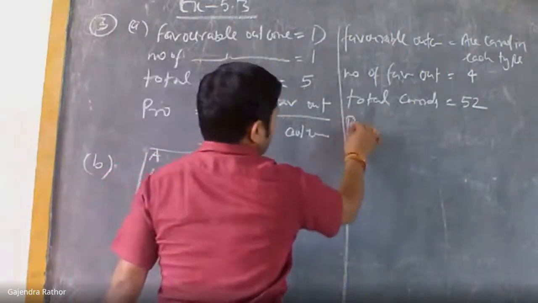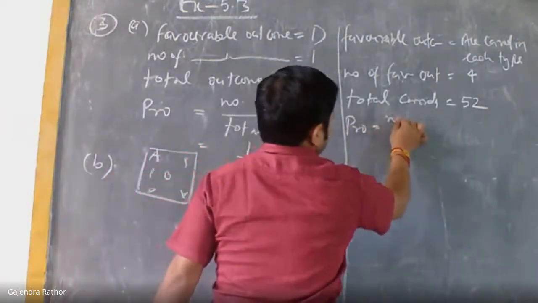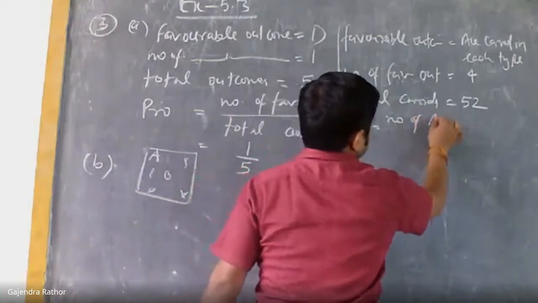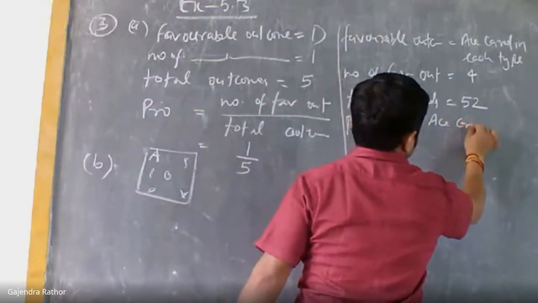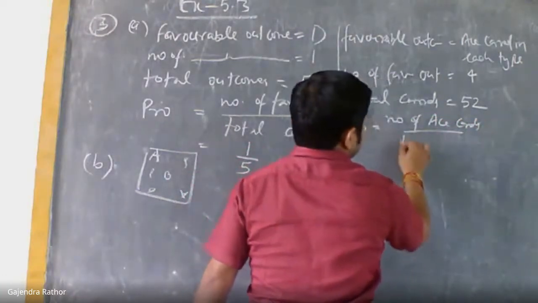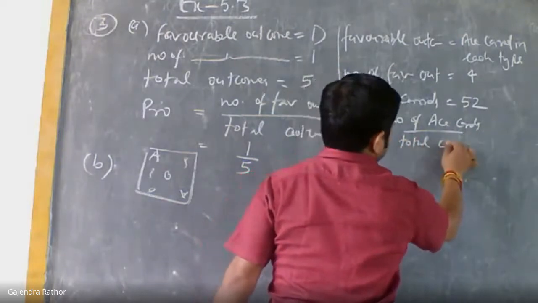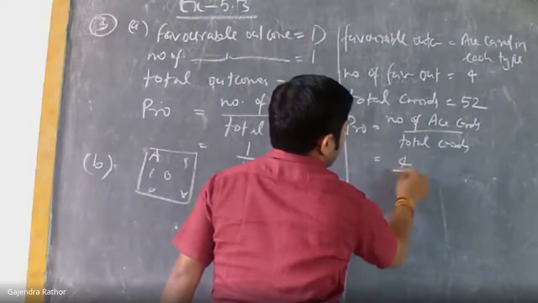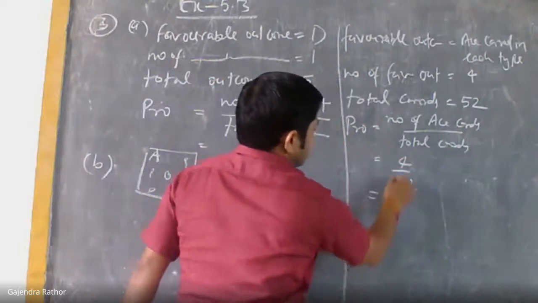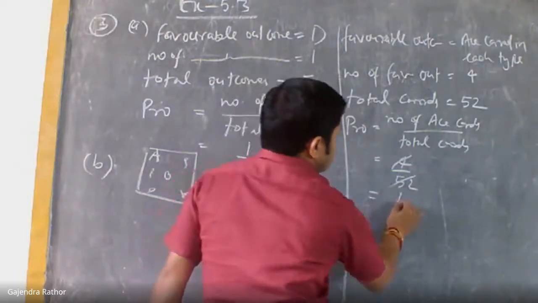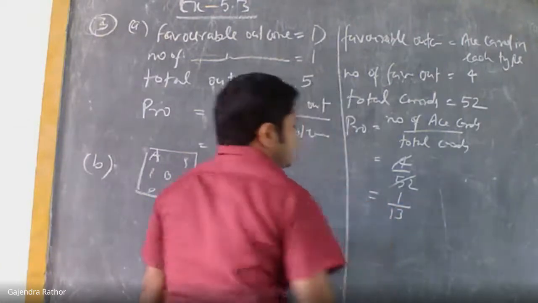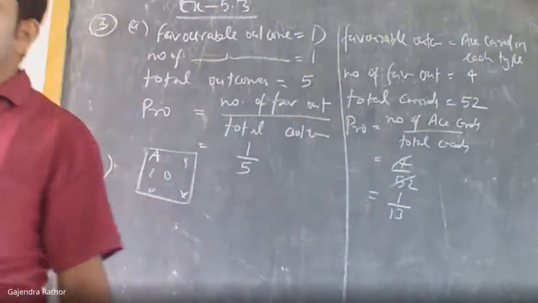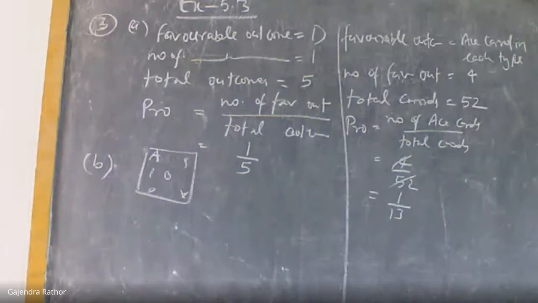So now probability is number of ace cards divided by total cards. So 4 divided by 52, we can divide by 4. 4 divided by 4 is 1, and 4 times 13 is 52. So the answer is 1 by 13.